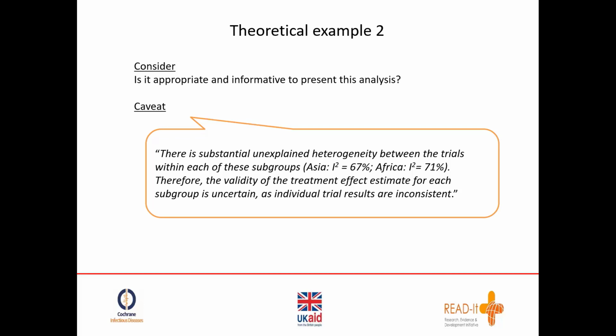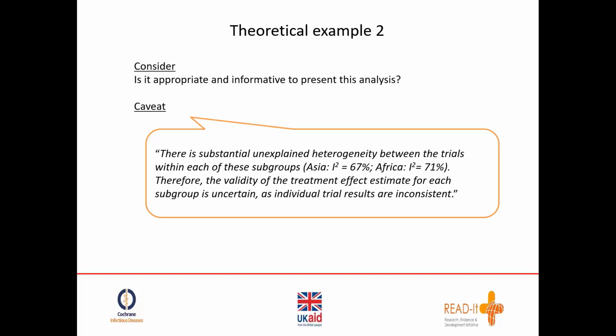If the reason for conducting the analysis was to summarise treatment effects for clinically relevant subgroups of patients, it might be decided that you still do want to show that there's a statistically significant subgroup effect, and to show the treatment effects for those subgroups. However, if you did want to do that, I did just include some text that could be used as a caveat.